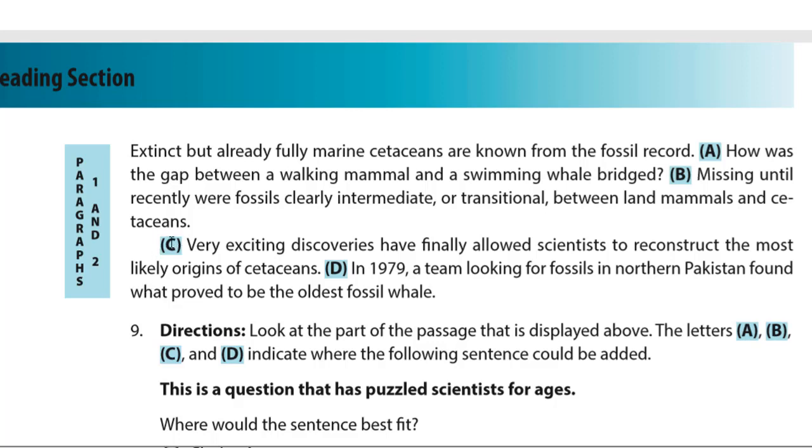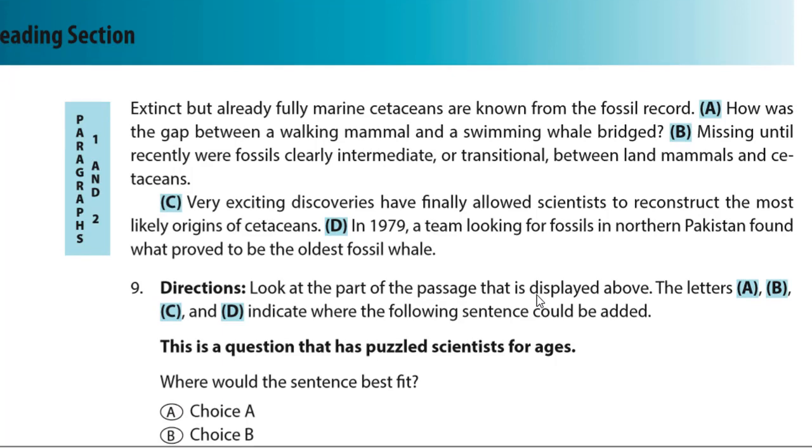It could not be C because this is a completion. There was a sentence before it. So C is not correct. D. Very exciting discoveries have finally allowed scientists to reconstruct the most likely origins of cetaceans. No, this is not a correct answer as well. So the correct answer is B.